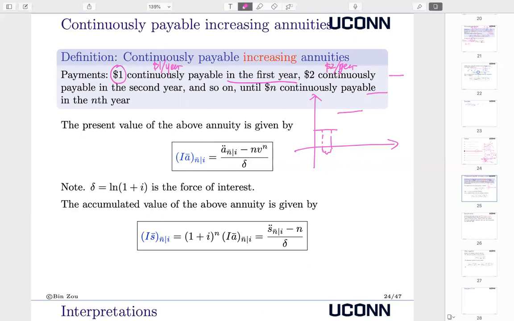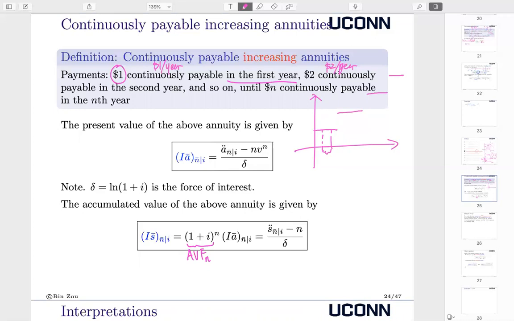Obviously, what we are interested in is still the present value and then the future value. Once you know the present value, the future value is very easy. You just need to multiply by this accumulated value factor. Since this is for n years, this is the n-year accumulated value factor. First, we have this result.